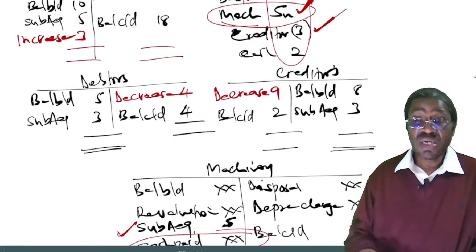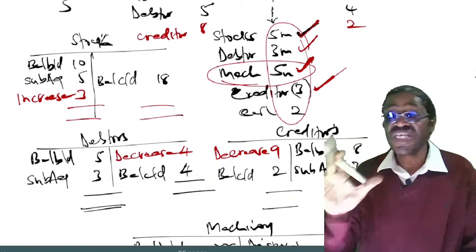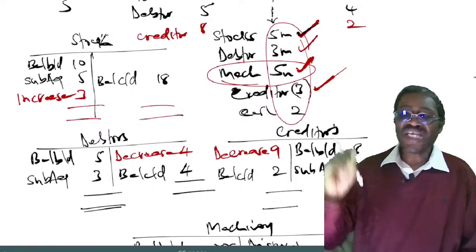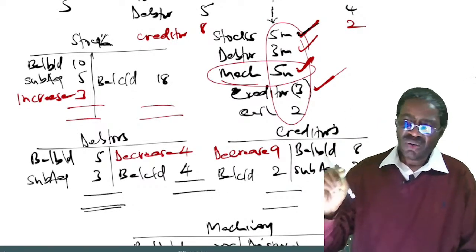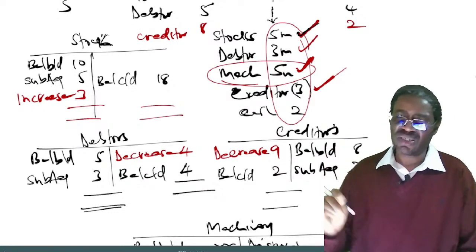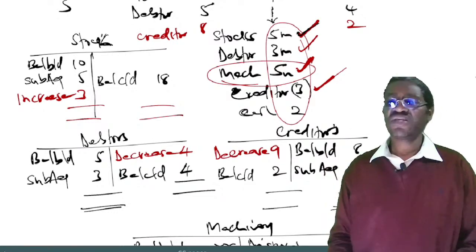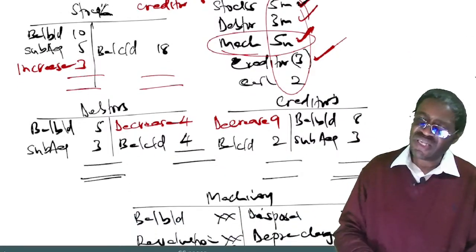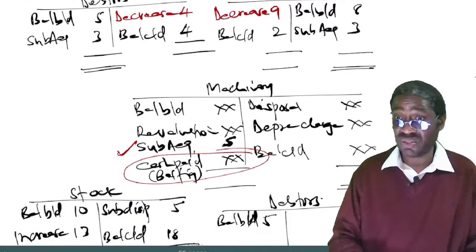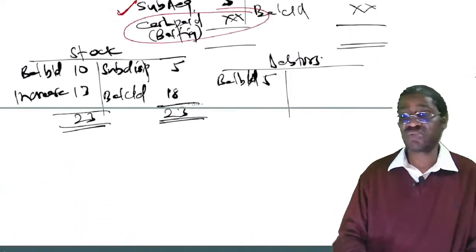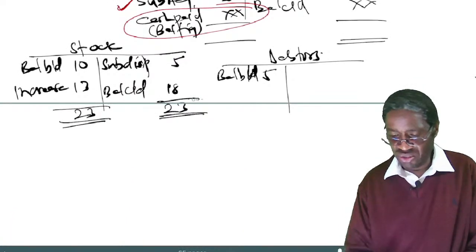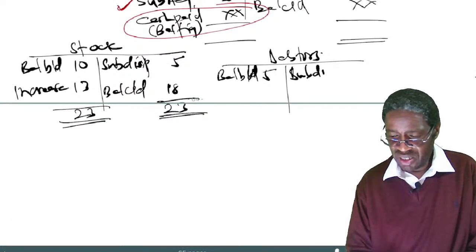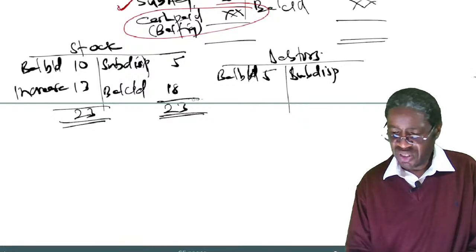You say we disposed a subsidiary. It left the group with its own bunch of debtors amounting to how much? 3 million. That made the debtors of the group go down. So we reduce the debtors by that 3 million. You come and say here subsidiary disposed 3 million.